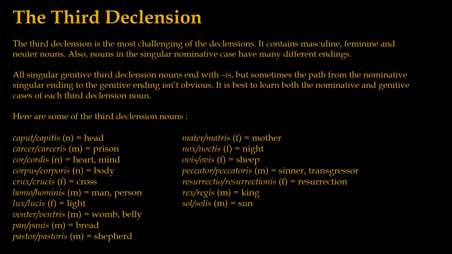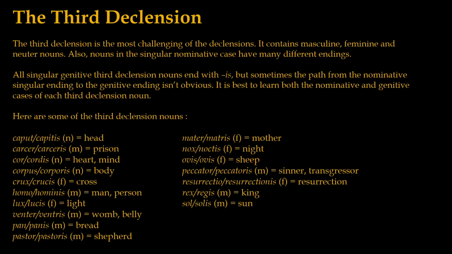Pastor, pastoris means shepherd, but of course these days it has a meaning more related to the leader of a church, although even there the idea is one of a shepherd of the flock in the congregation. Mater, matris, mother. Maternal, for example, is related to that word. Nox, noctis, night. Ovis, ovis, so the same here in the nominative and the genitive singular, meaning sheep.